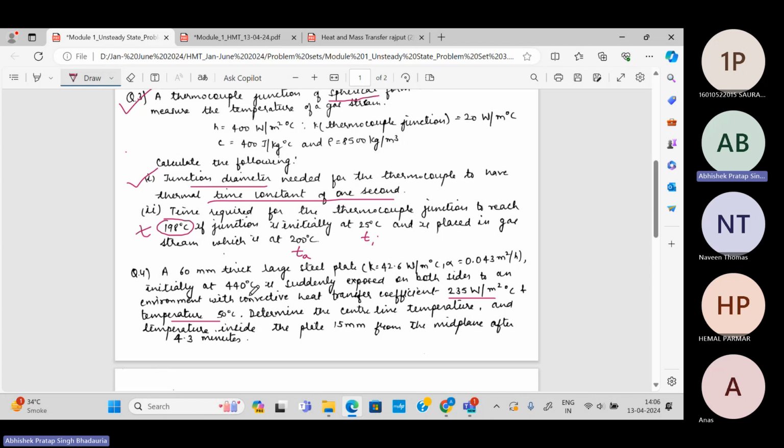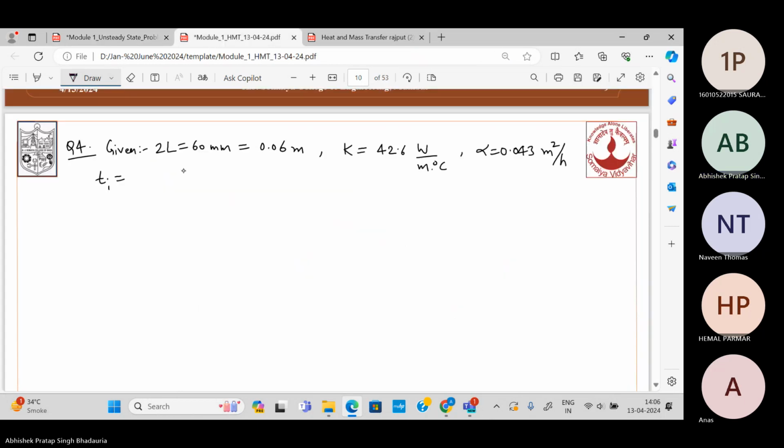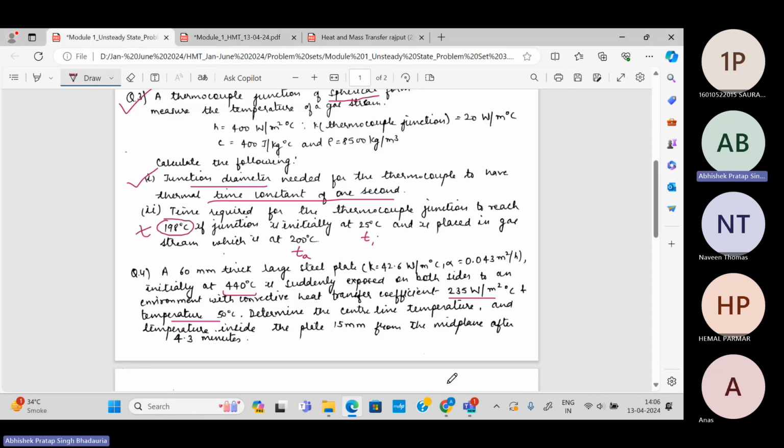Initially at 440 degrees Celsius, so that means Ti is 440 degrees Celsius. Now what about h? h is given as 235 watt per meter square degrees Celsius.